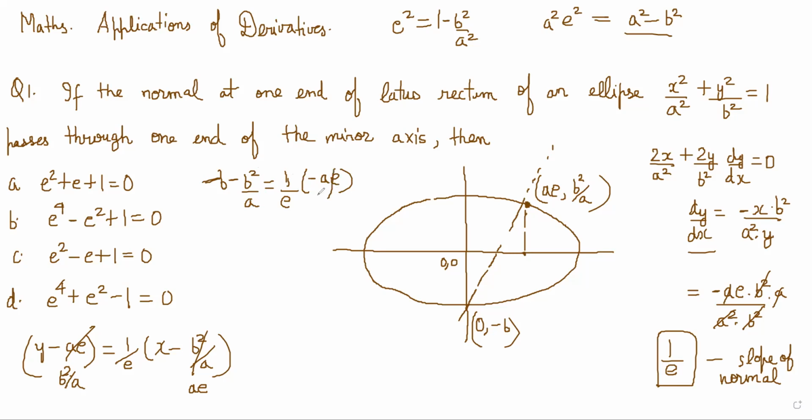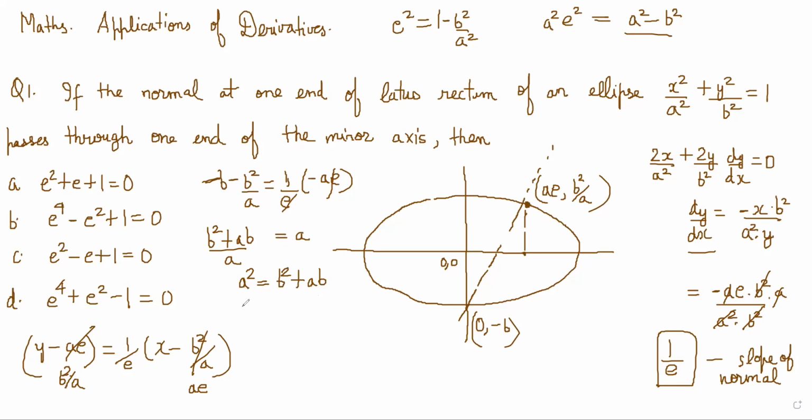So it's like a square minus b square is a. Something like this. Yeah, you get this.